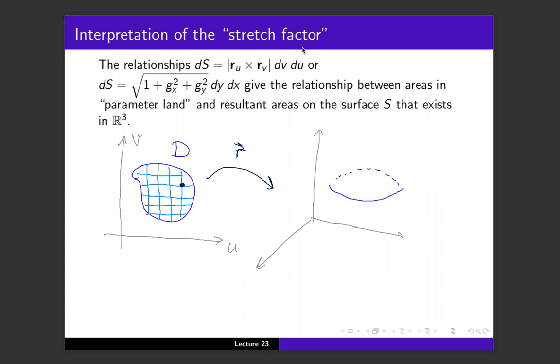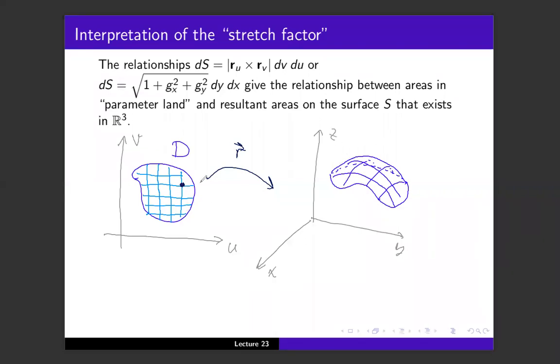I'm trying to make some super curved and warped surface. It's kind of hard to do. But basically you've taken your space in flat space and sent it into three-dimensional space, which we usually denote with x, y, and z.